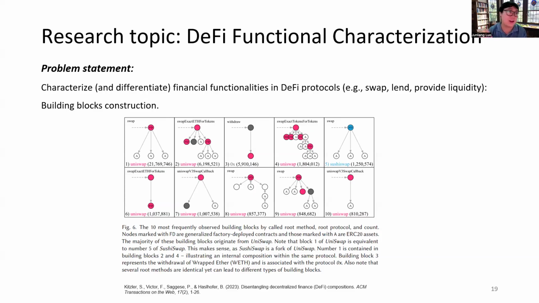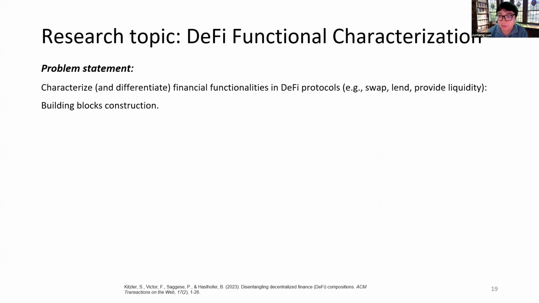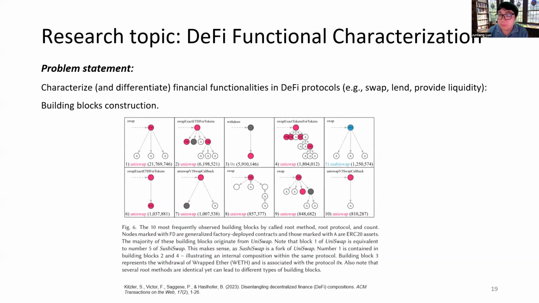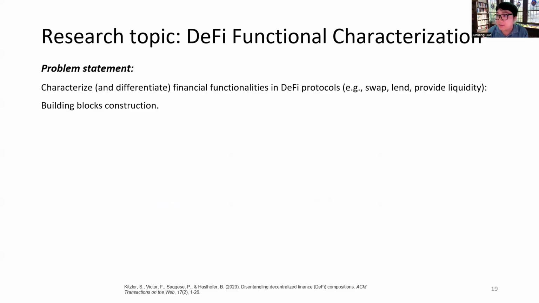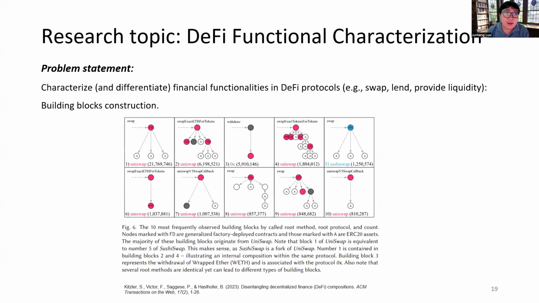You can basically disentangle these compositions, and you can try to understand what are basically called building blocks. This was done by co-authors of one of my papers, Stefan Kessler and Pietro Saggese, and they're pretty good at this.